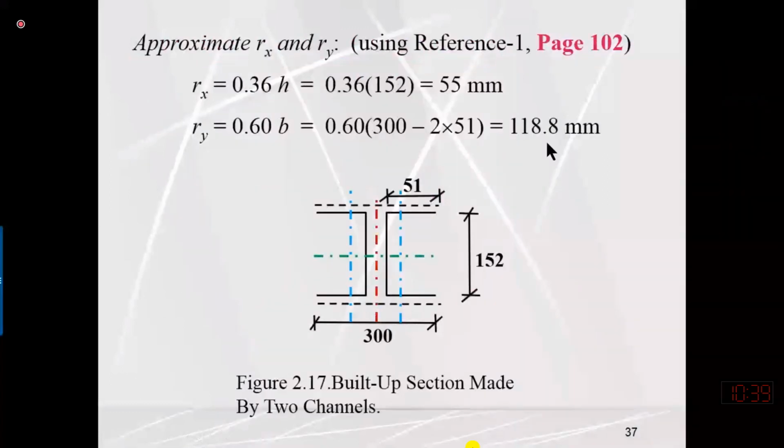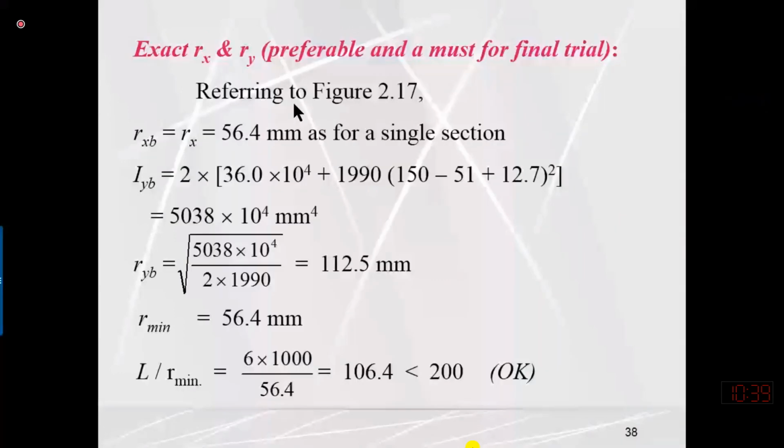So in the examination, if you are having less time, you may use this approximate formula. But if you are having plenty of time or it is mentioned in the question, use the exact Ry or Rx, then you have to compute in this way.